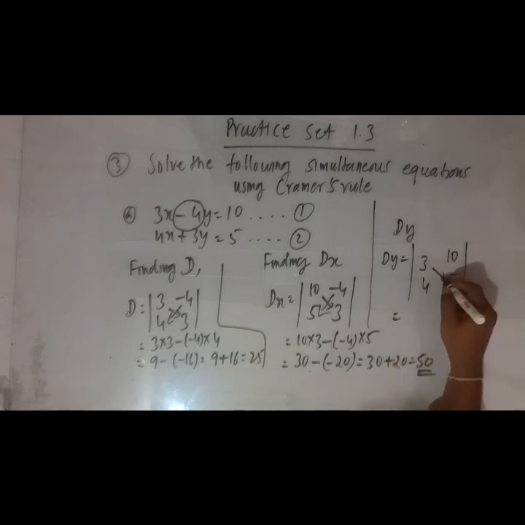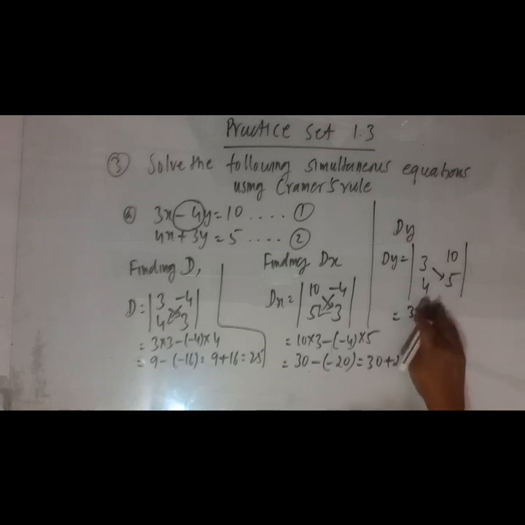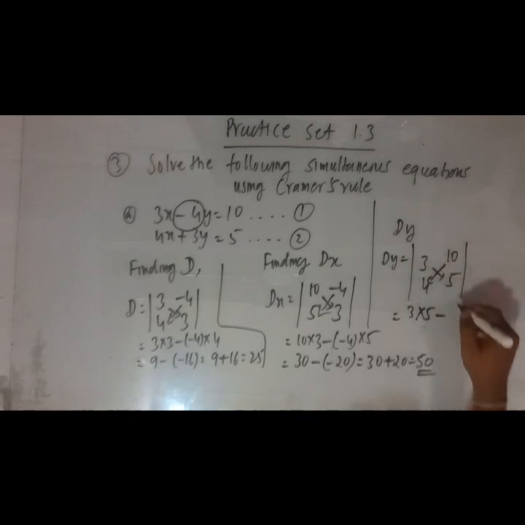So 3 into 5 minus this 10 into 4. Your answer will be 15 minus 40. So that is minus 25.